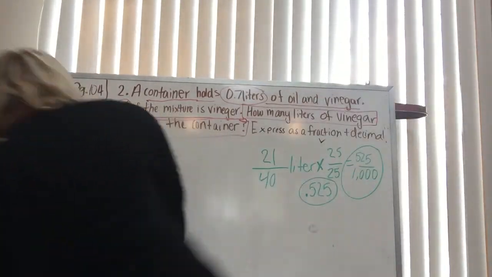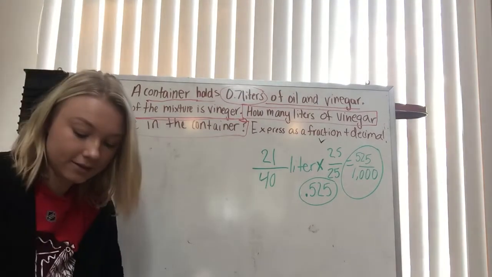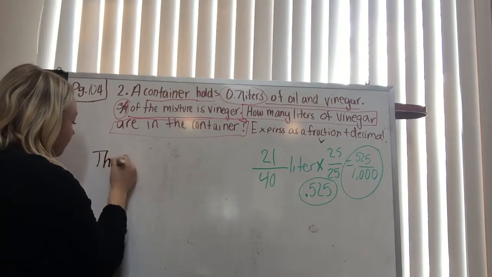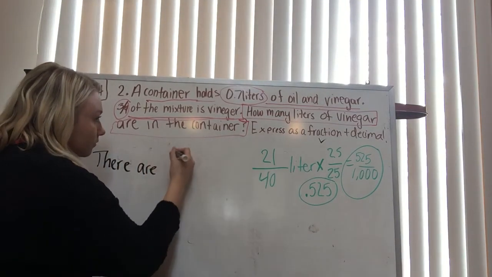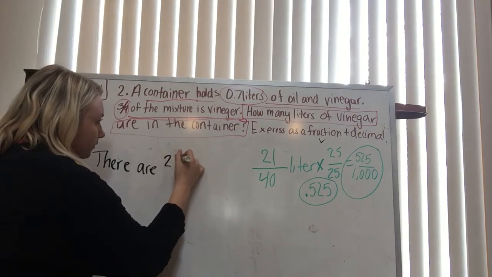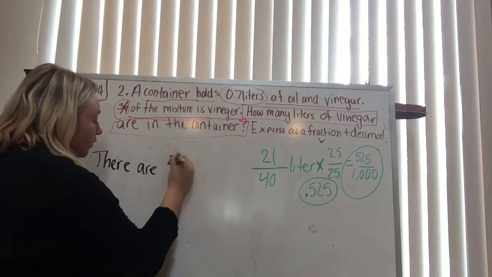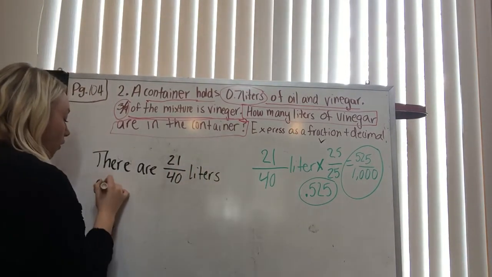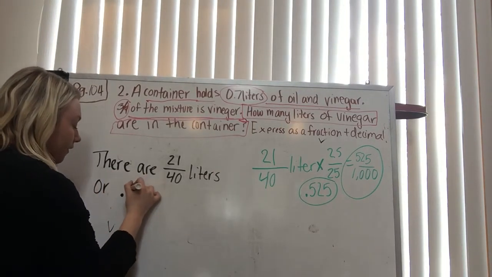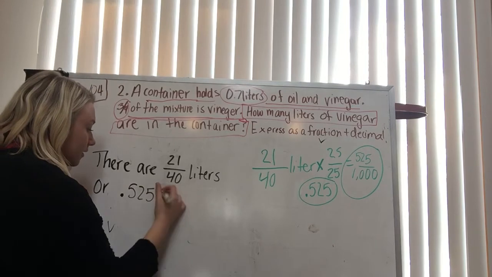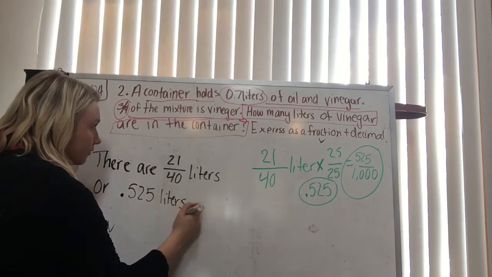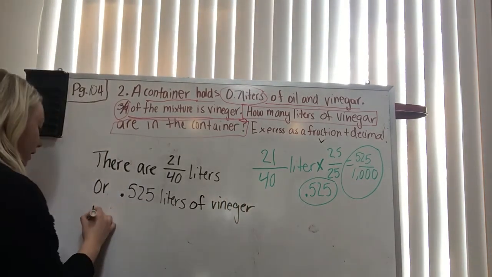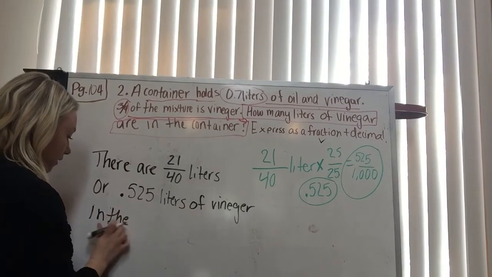So there are 21/40 liters, or we said 525 thousandths liters of vinegar in the mixture.